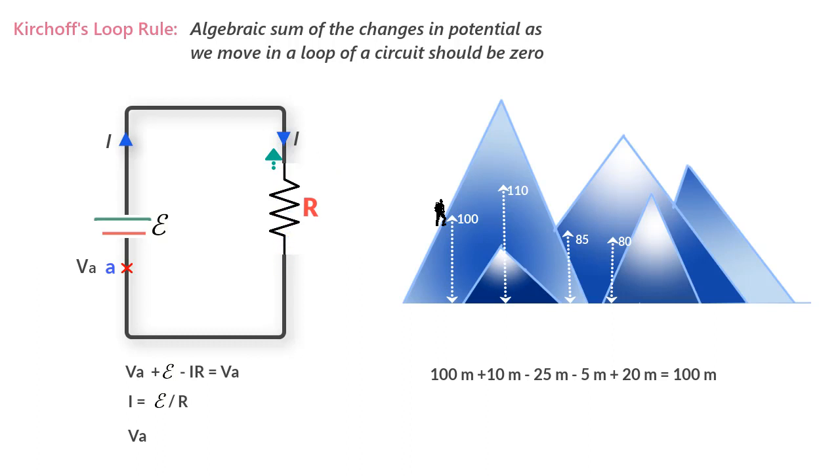So if current is moving down in this direction, this place must be at a lower potential than this, and therefore there is a gain in potential when we move across from here to here, and we therefore take a positive sign. Now we keep moving and reach the positive terminal of the battery, and then onto the negative terminal, which is clearly a drop in potential of magnitude E, and therefore we take a negative sign, and again we find that I is equal to E upon R.